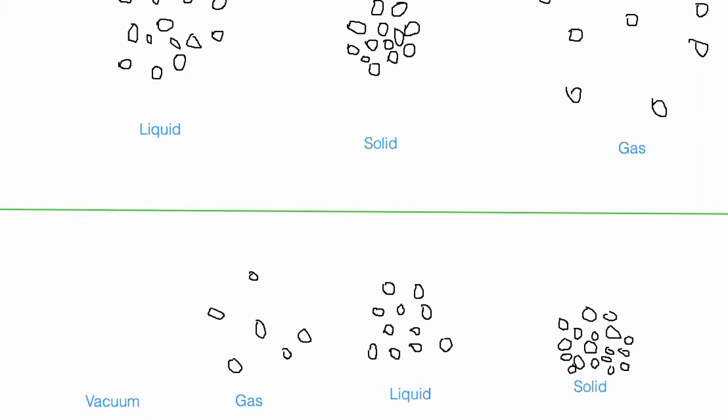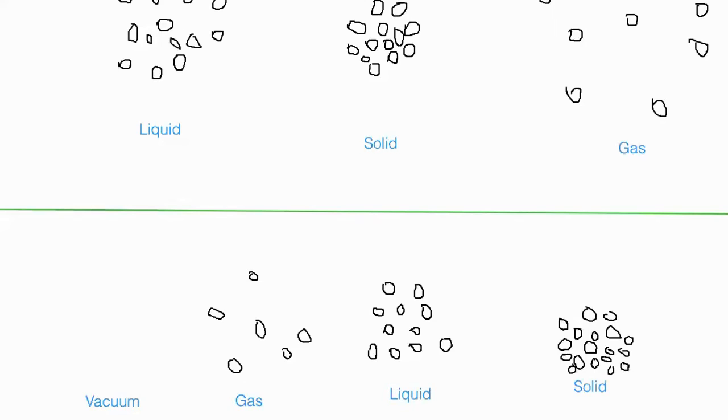So sound will travel fastest through a solid because the molecules are very close together. As the sound hits each molecule, they'll keep bouncing, and it'll go relatively quickly. In a liquid, it will be a little slower because the molecules are farther apart.